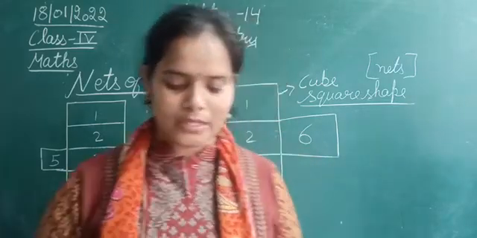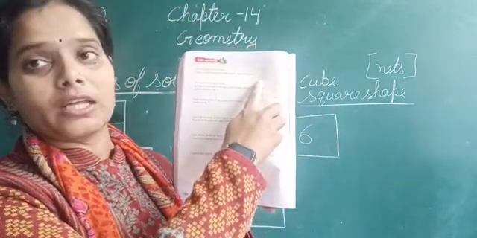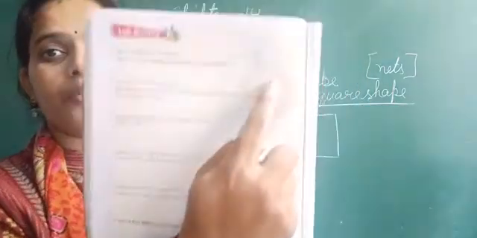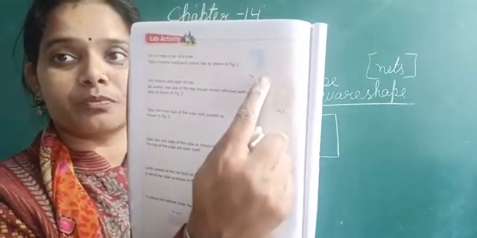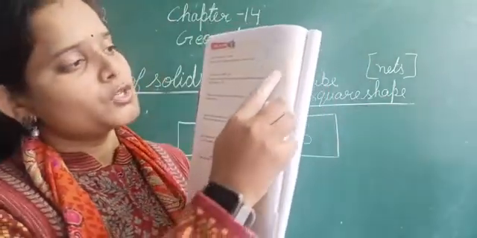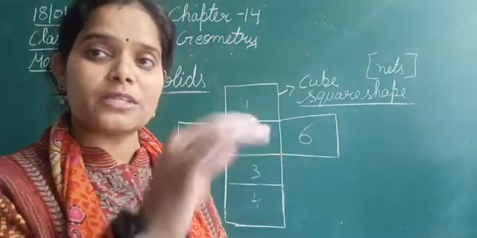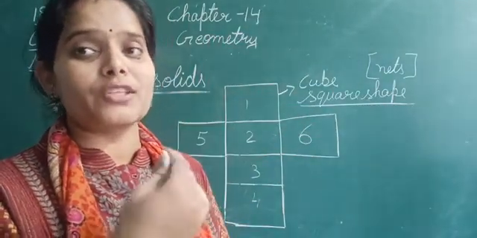You can see here in the lab activity as well, they are telling us about the net of a cube. Opening a net means to open all the sides, all 6 sides, whether it's a cube or a cuboid.